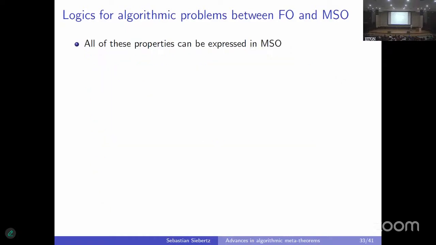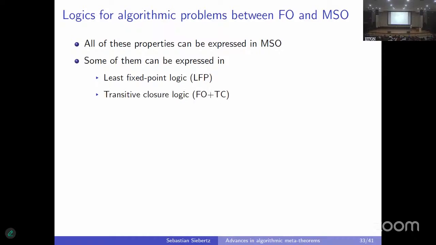We can, of course, use MSO to express them, but then we know already that we cannot go beyond bounded treewidth. So we have a stronger logic, but we have no practicability. The classical approach is to use some recursive mechanism, for example, to consider fixed point logic or transitive closure logic.